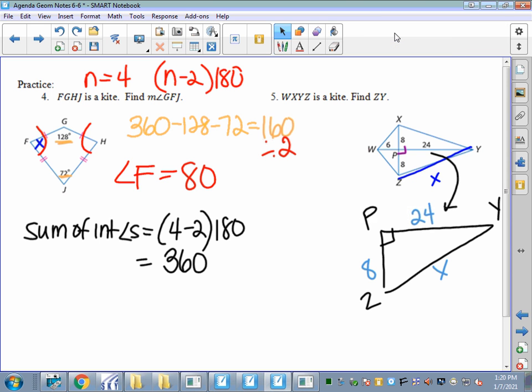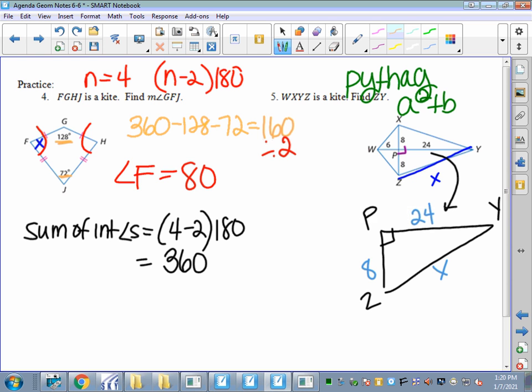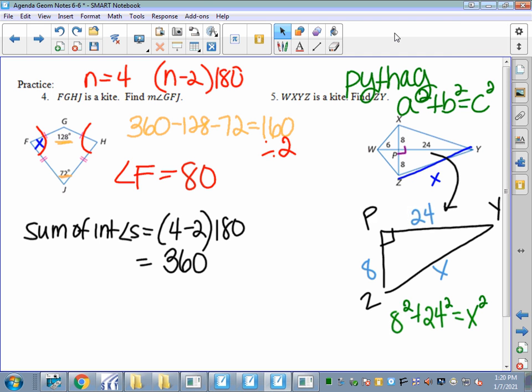Everybody's thinking it, right? We're going to do a little Pythagorean theorem. A squared plus B squared equals C squared. C has to be the hypotenuse. It doesn't matter what A and B are. So 8 squared plus 24 squared is equal to X squared. Go ahead and solve from there, and you will get yourself an answer for that missing side.